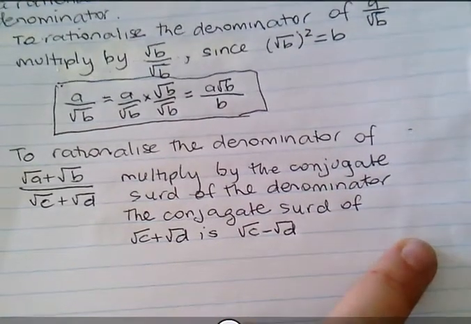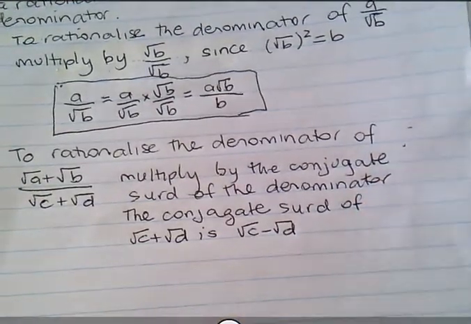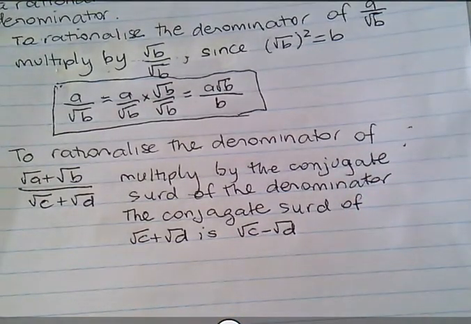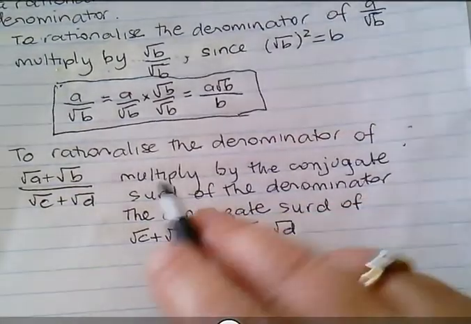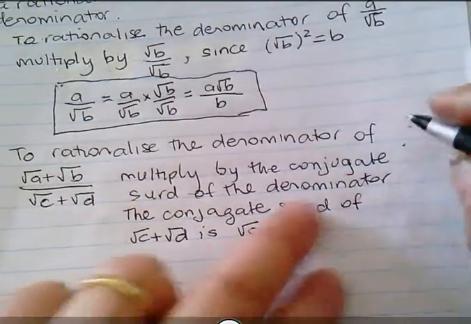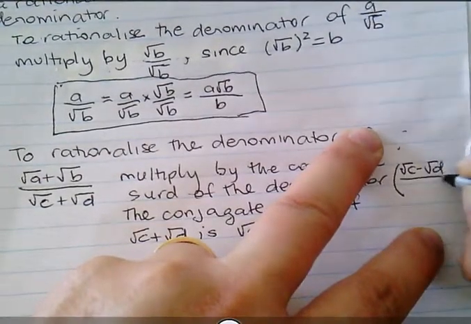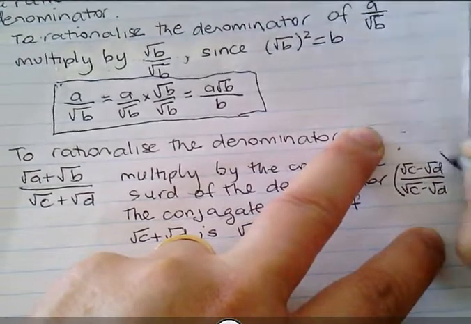But you multiply by, it's not just root c minus root d, it's root c minus root d over root c minus root d, so that you're multiplying by 1, all right? So writing that is not quite right. We're actually multiplying by root c minus root d over root c minus root d.